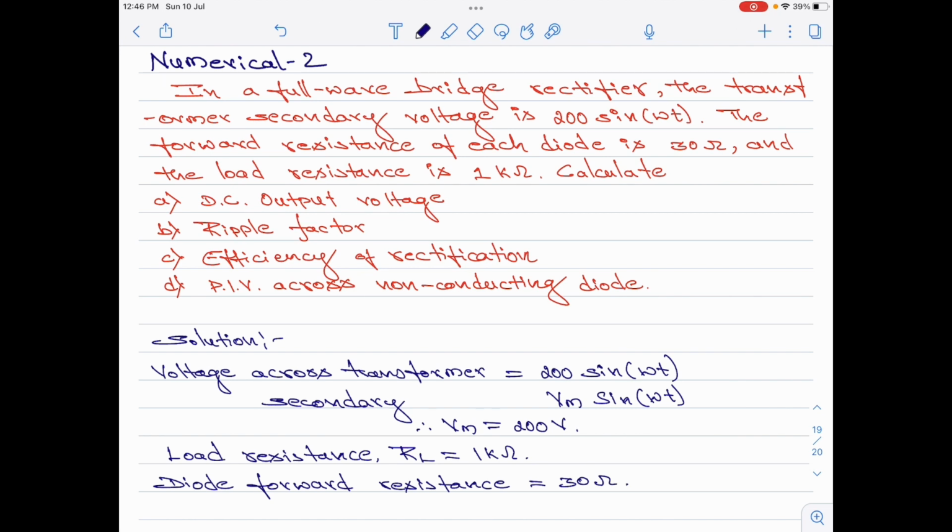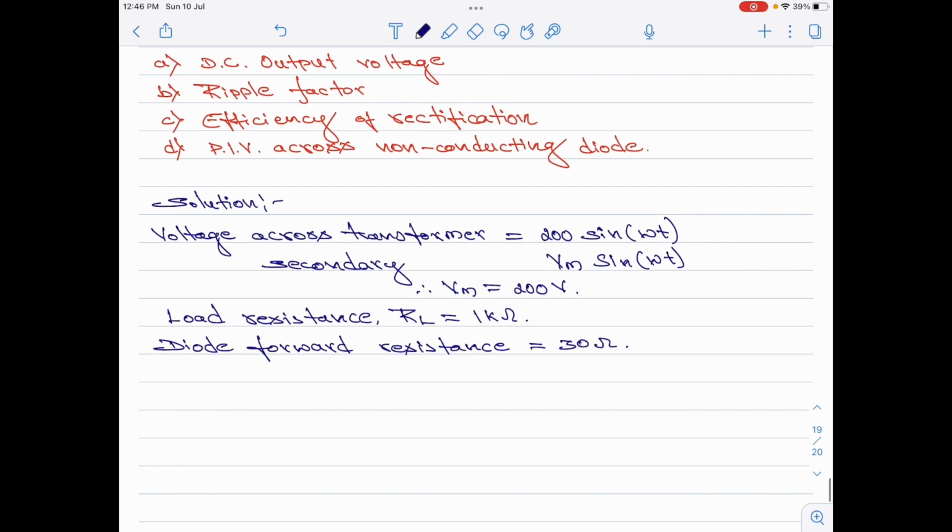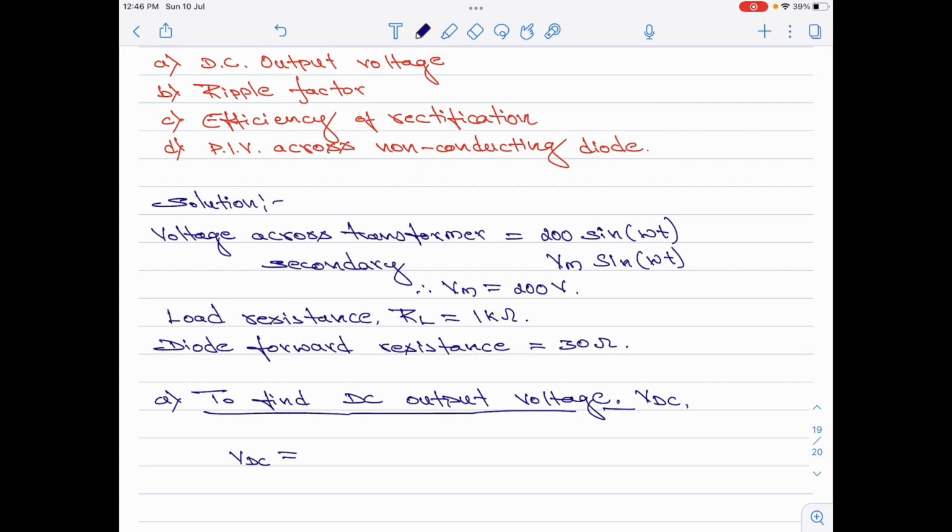Okay, let us start with part A of the numerical now, which is to find the DC output voltage. The DC output voltage is denoted as VDC and is given by VDC equals IDC multiplied by RL.